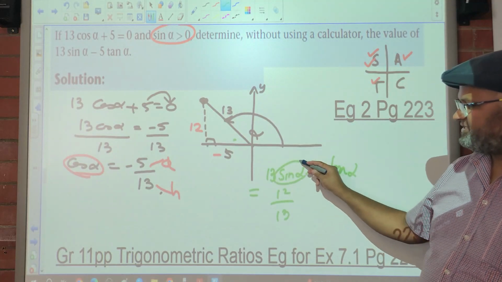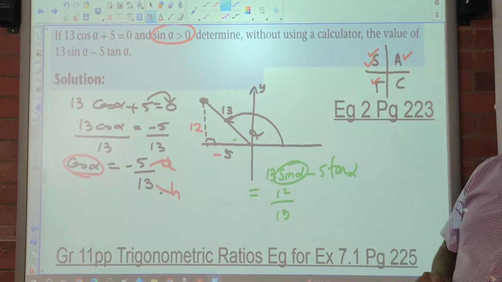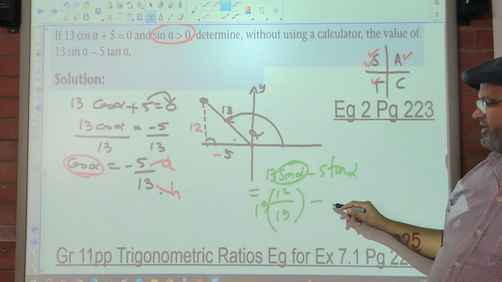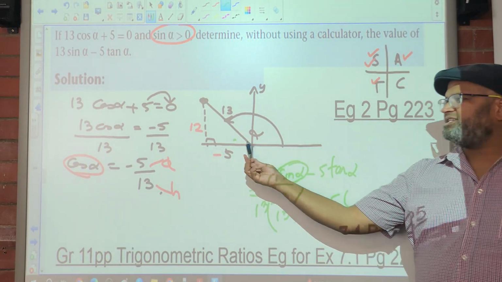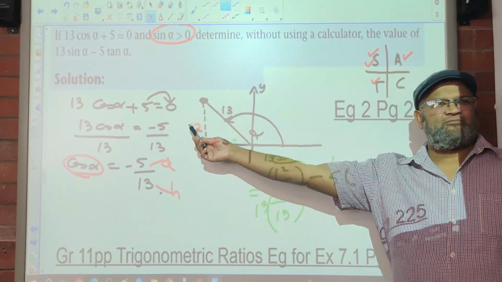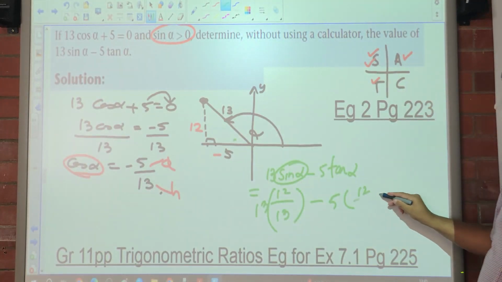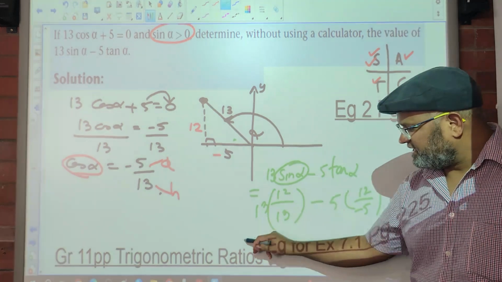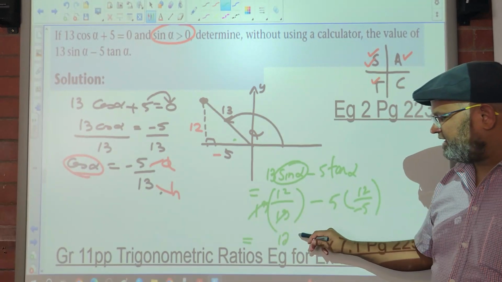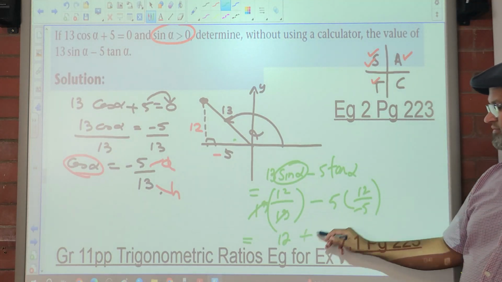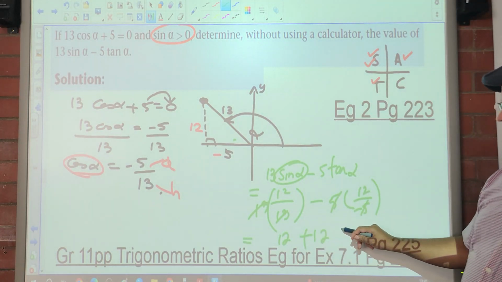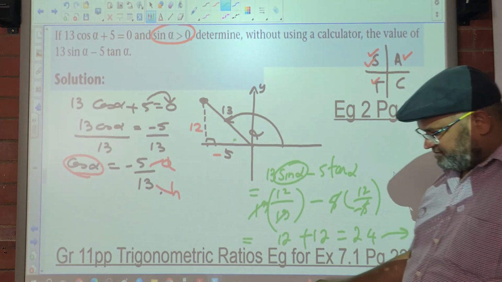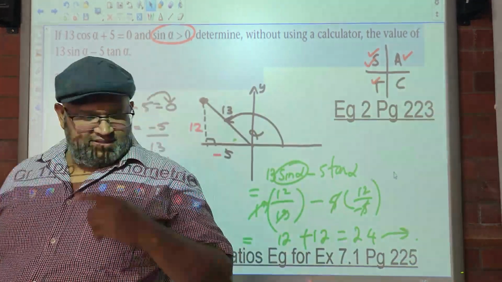That is what sine is. You see that, people? That must be multiplied by 13. Minus 5 into. Tan is opposite over adjacent. So this now gives us that cancels. 12, negative times negative is positive. 5 cancels 12, and 12 plus 12 is? You guys understand?